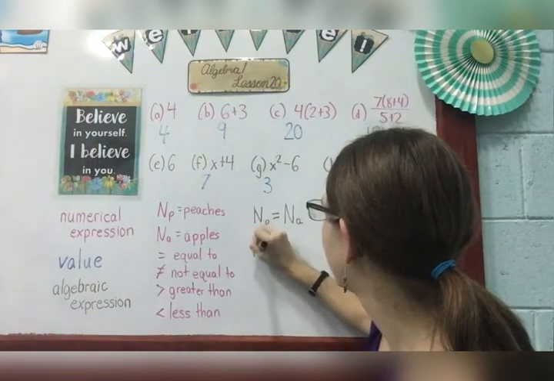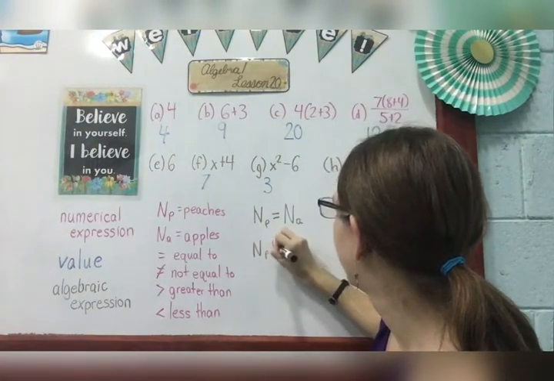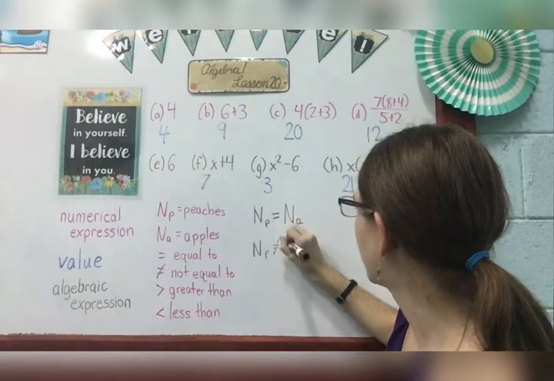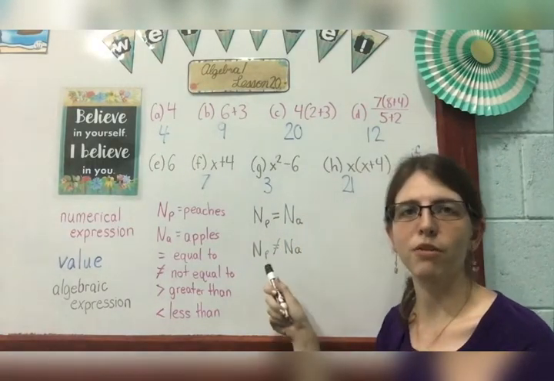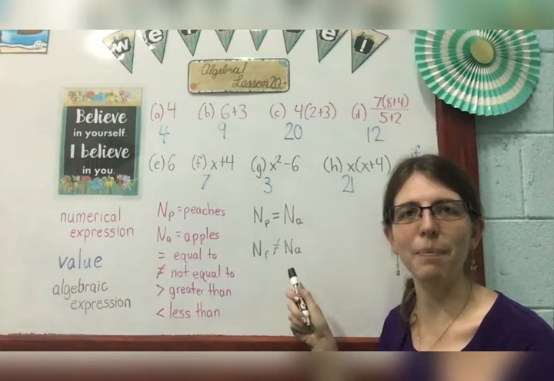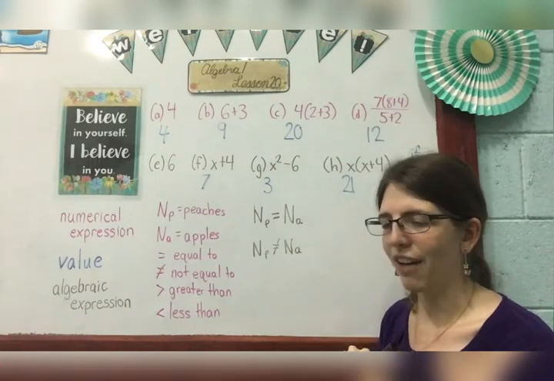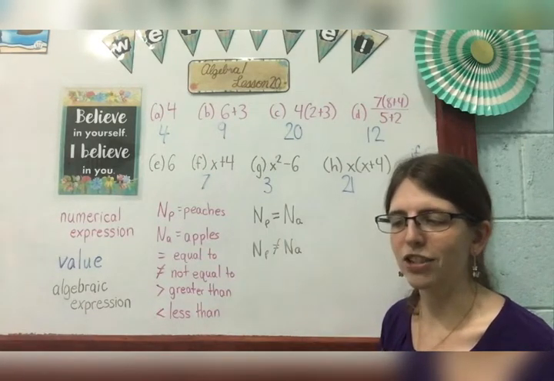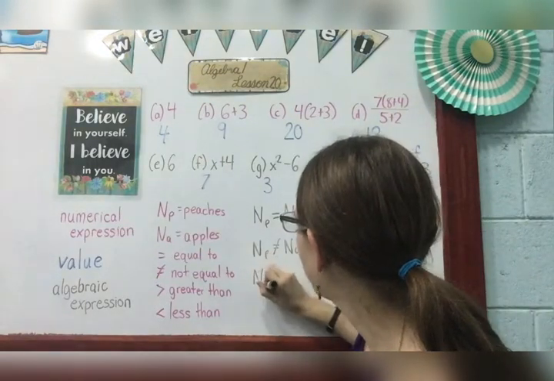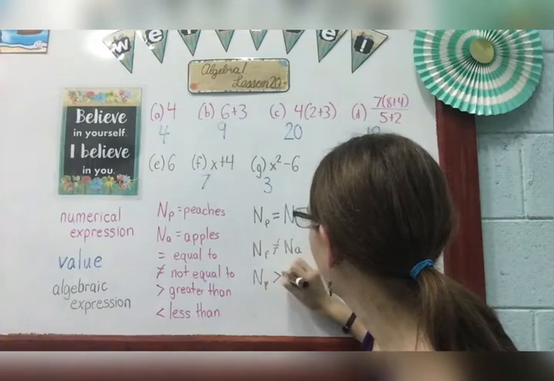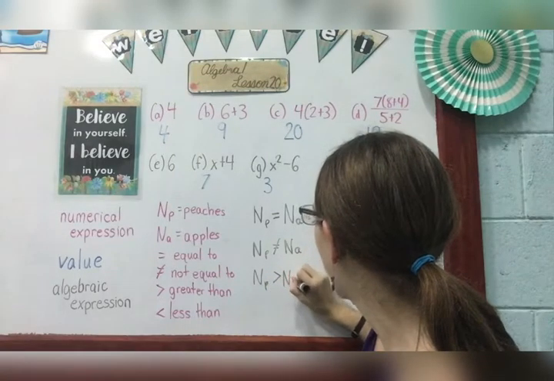So I would write n sub p does not equal n sub a. And that would show the number of peaches does not equal the number of apples. Now I have sentence C. The number of peaches is greater than the number of apples. So I have the number of peaches greater than the number of apples.